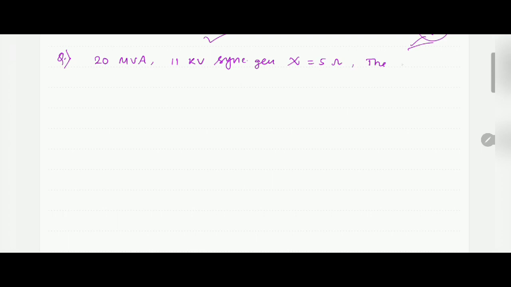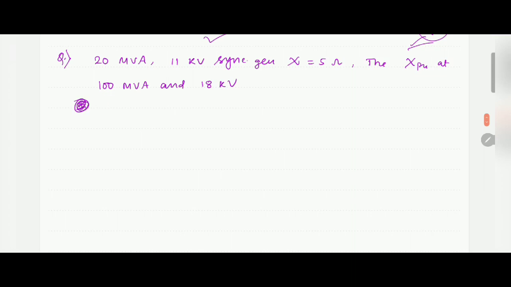We have to calculate the per unit reactance at 100 MVA and 18 kV voltage.